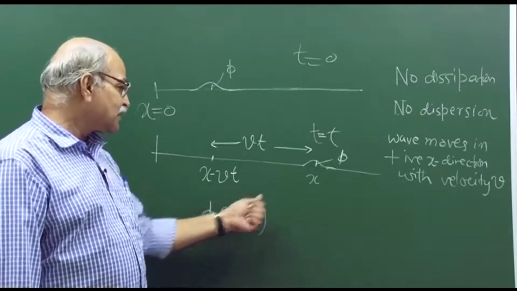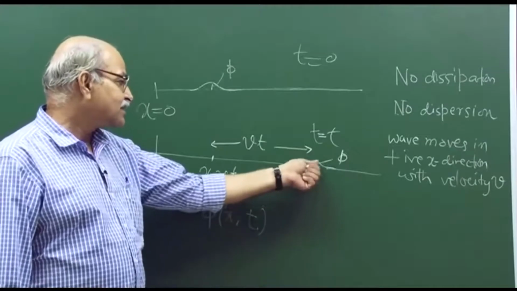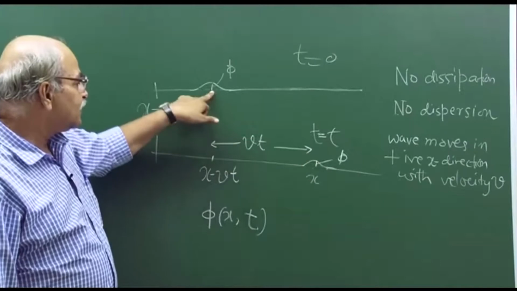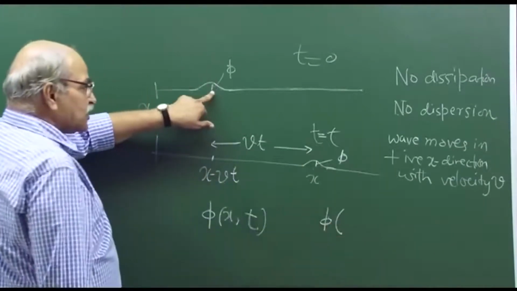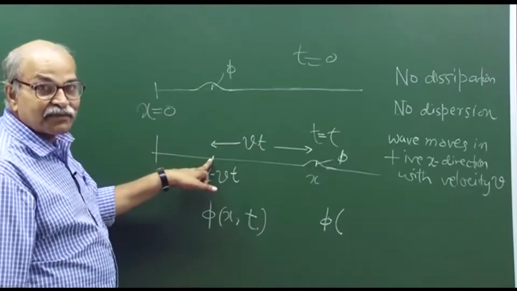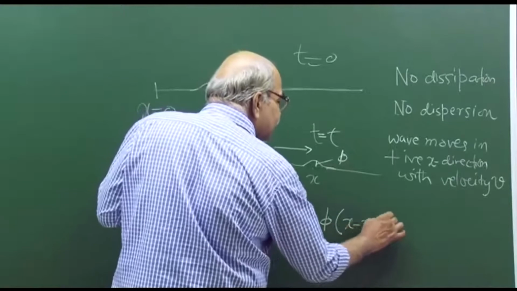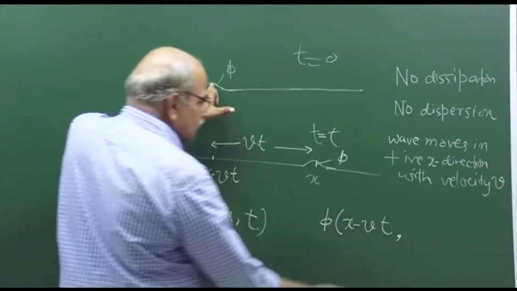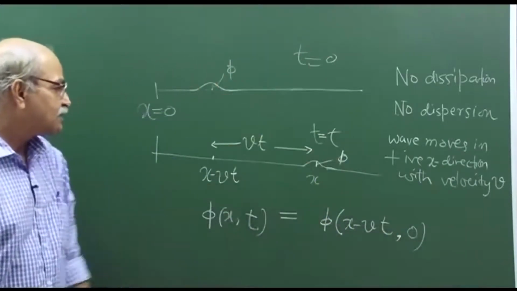So, at this position x, at this time t, what is phi? So, that is this phi. And for this, what do I write? This is phi, which position? This position is x minus vt. So, left to the comma x minus vt and right to the comma time is 0. And these two are same under those assumptions.